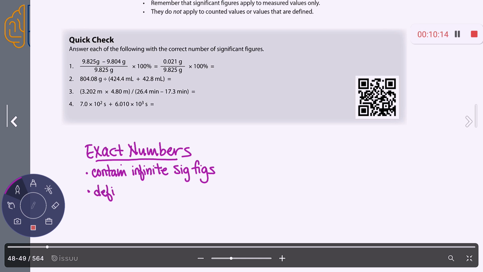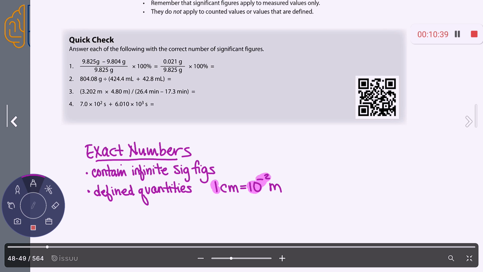These are defined quantities in the same measurement system. What that means is 1 centimeter equals 10 to the negative 2 meters would be an example. Centimeters and meters are both in the metric system. The number 1 and the power of 10 would be exact.